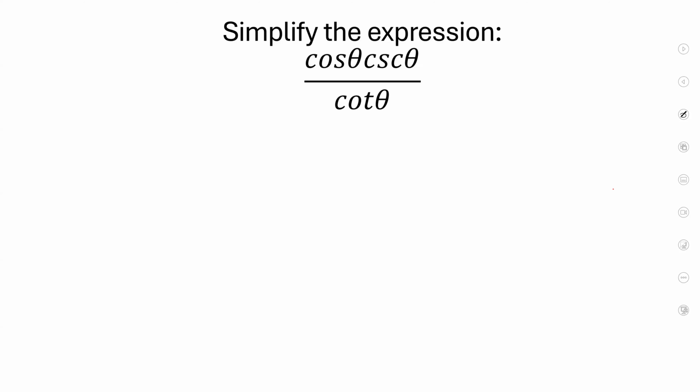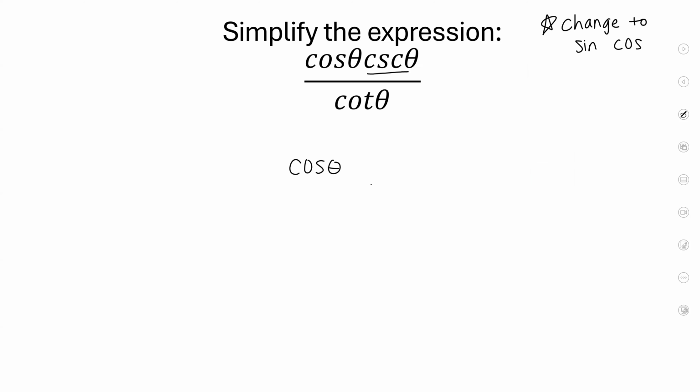Okay, so this is the next expression. Remember, my tip is to change things to sines and cosines. So I'm going to look at my numerator. I can change cosecant to 1 over sine. So I'm going to write this as cosine theta.